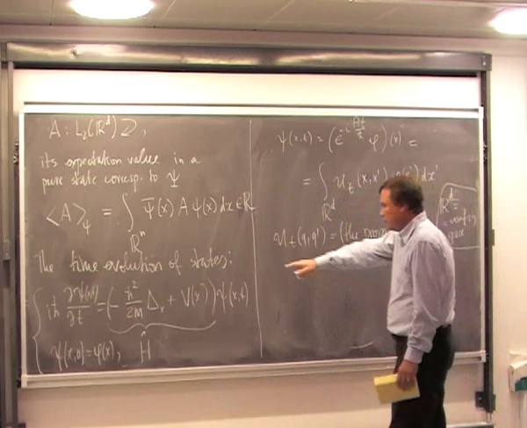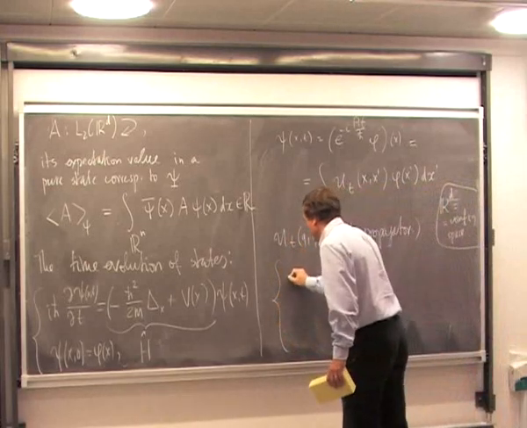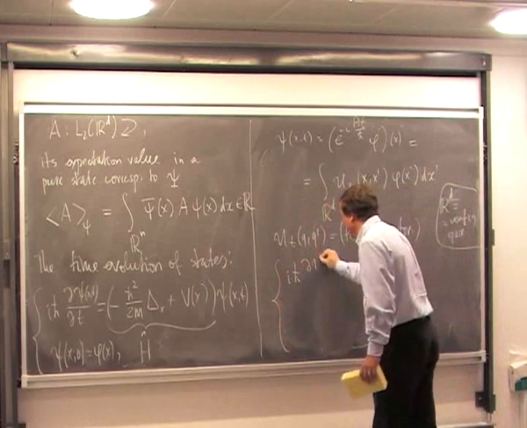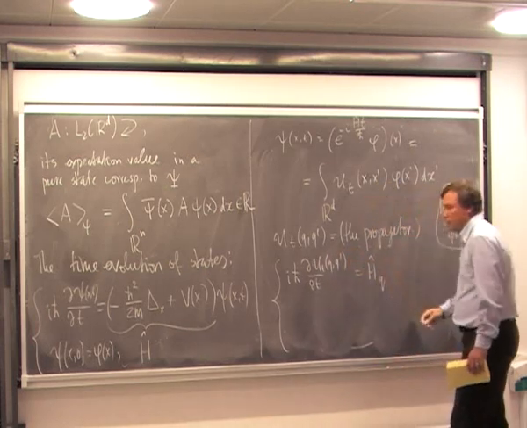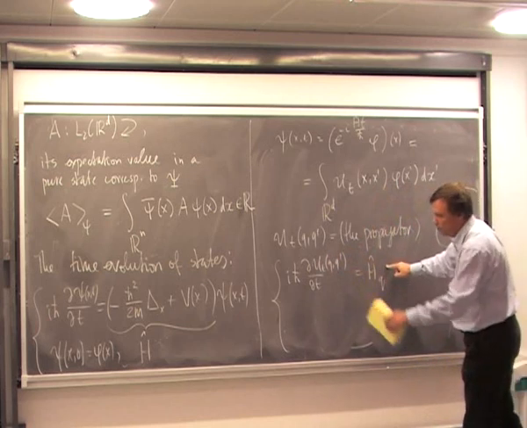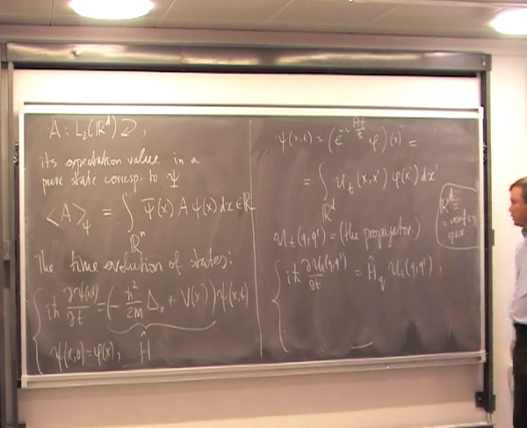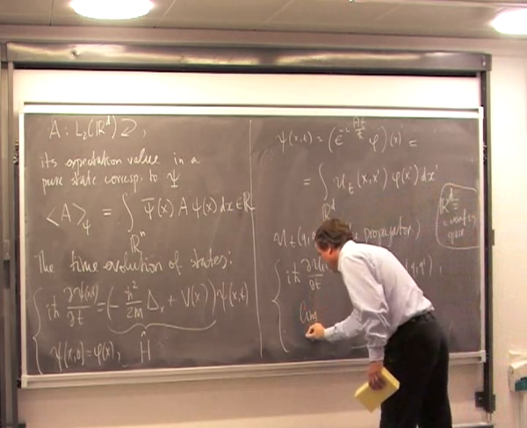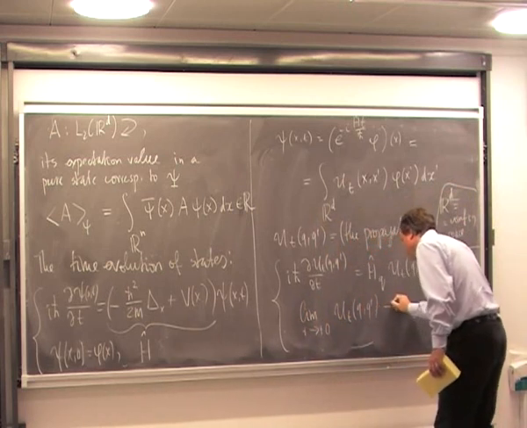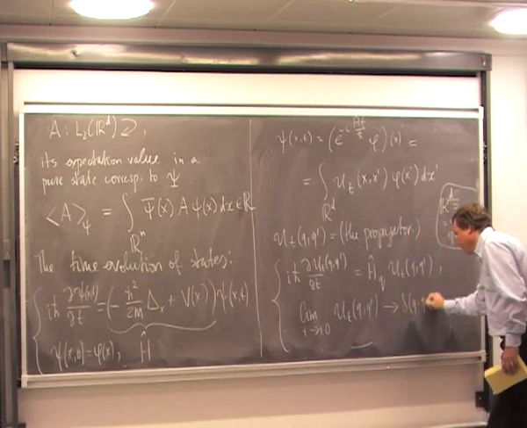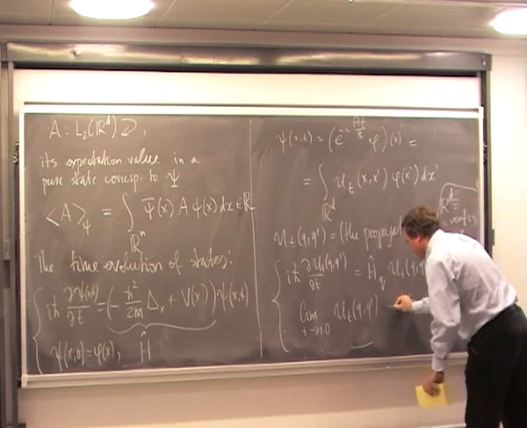From this differential equation, you can define this propagator as the solution to the following boundary problem: d/dt of U_t(q, q') is equal to the quantum Hamiltonian acting on q, and then the initial condition: as t goes to plus 0, this kernel converges as a distribution to the delta distribution on the diagonal, delta(q minus q').